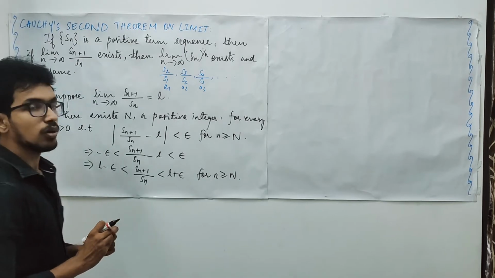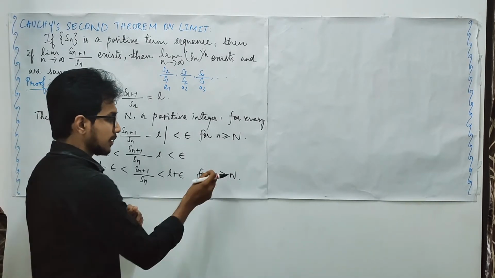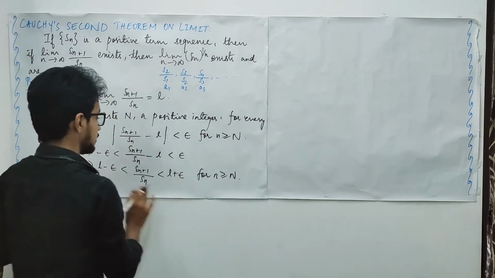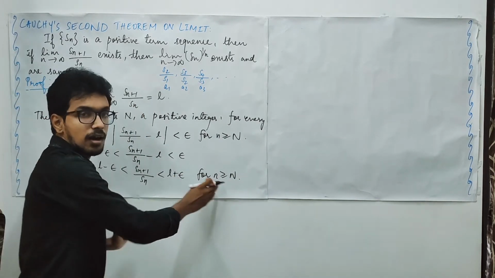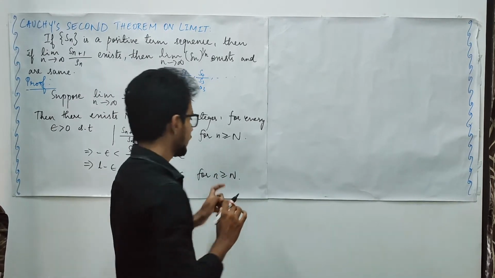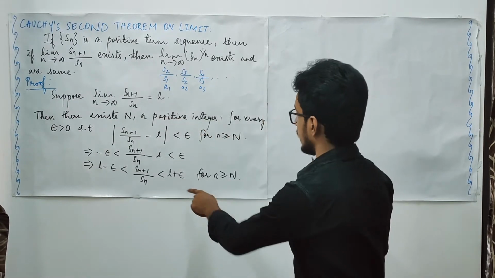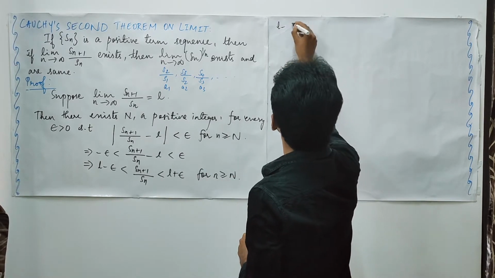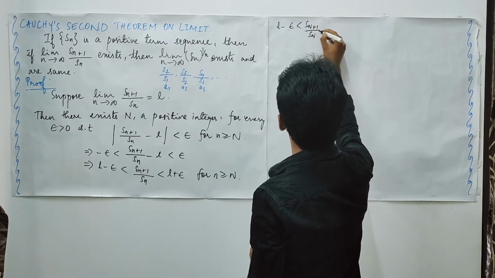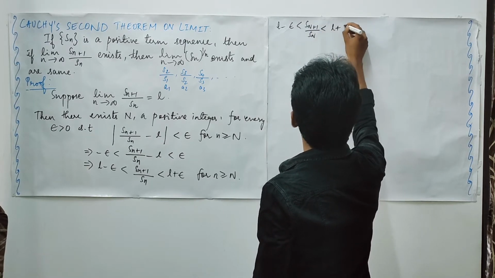So from this stage I am going to start. This result is true for all the values from and after this stage N. First let me do it for N. What happens? L minus epsilon is less than S_{N+1} upon S_N less than L plus epsilon.